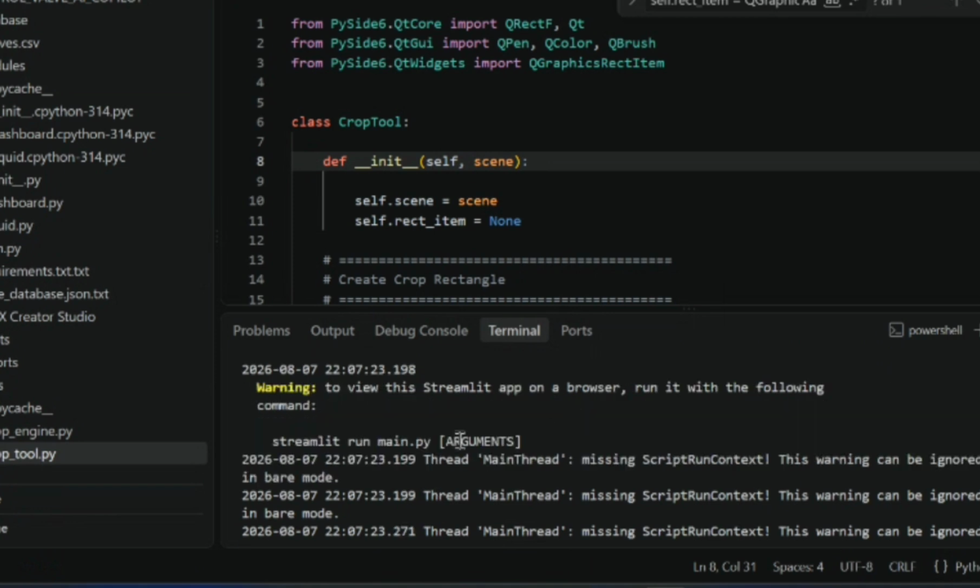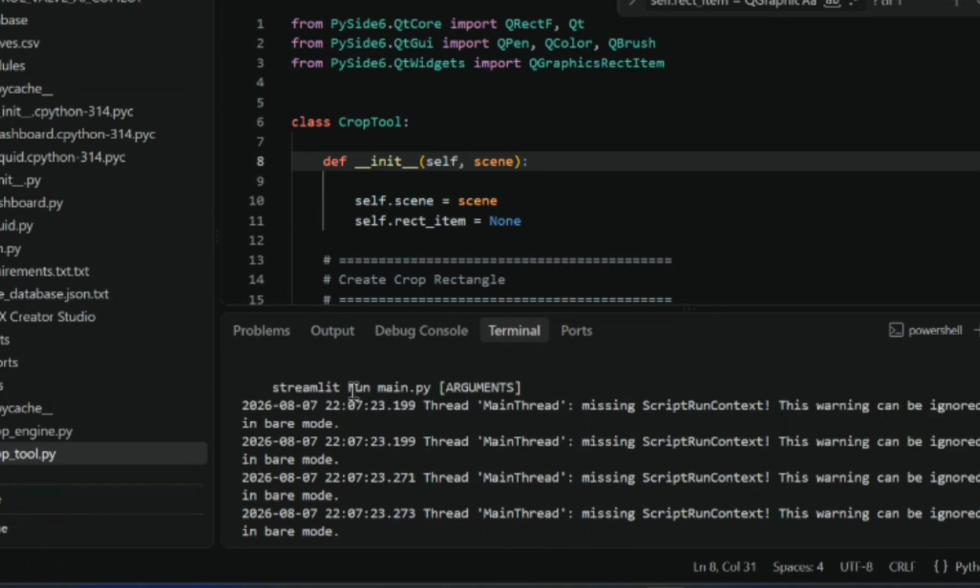Some bug issue is there. Warning. Okay, running.